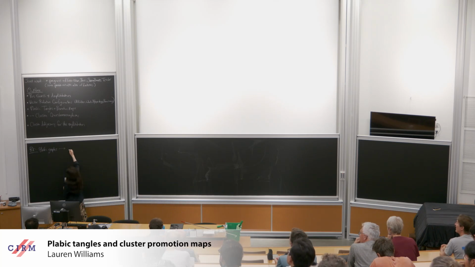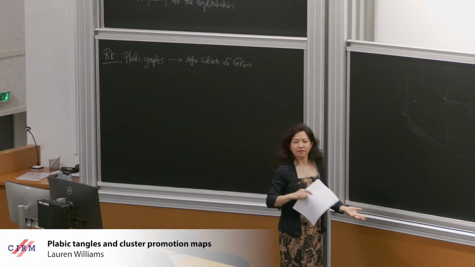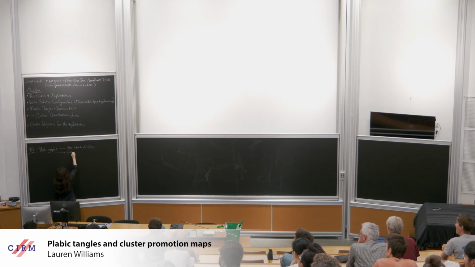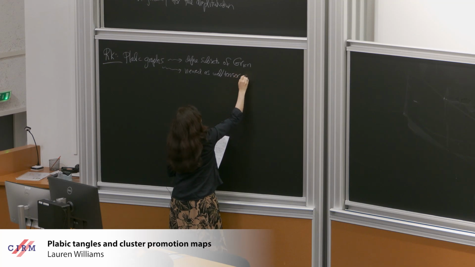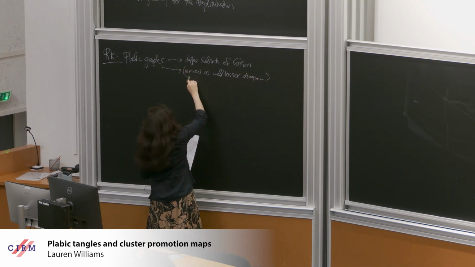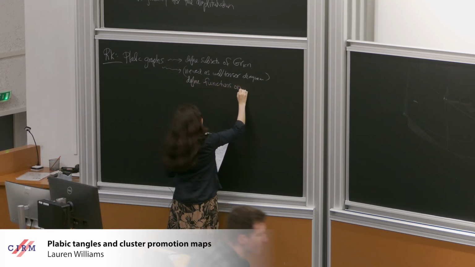One is one can use them to define subsets of the Grassmannian, whether it's positroid cells or positroid varieties. Something else one can do, if you have a Plabic graph that can be viewed as a web or tensor diagram, you can use them to define functions on the Grassmannian.